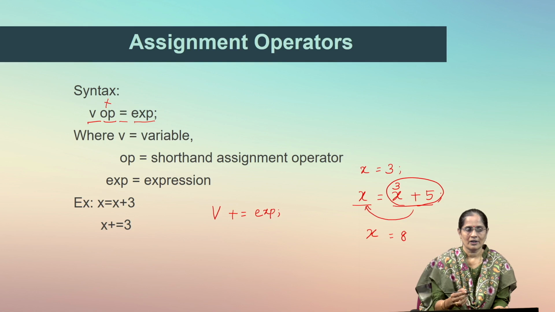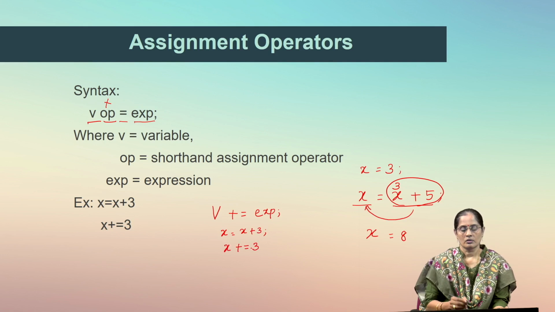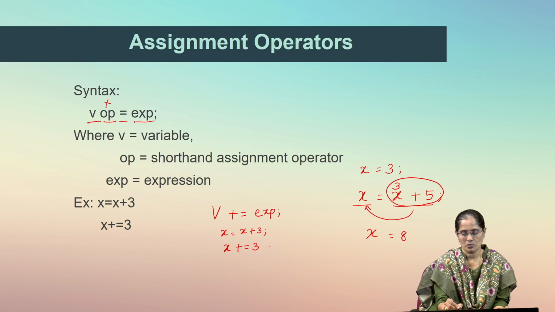So, if I am trying to add some value to the same variable, as it is represented in the example, if I want to add 3 to the same variable x, this can be rewritten as x plus equal to 3. So, this actually performs two operations.